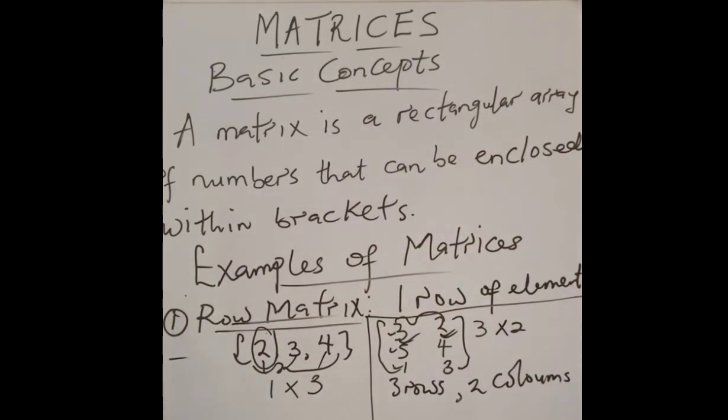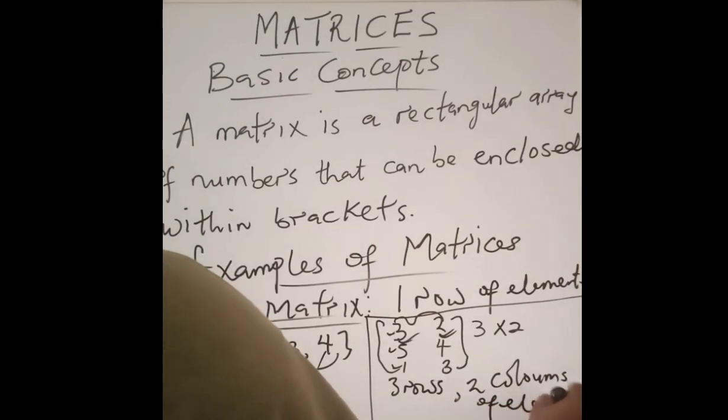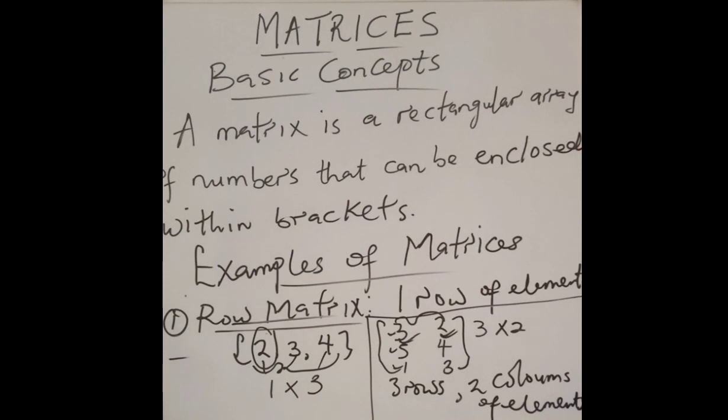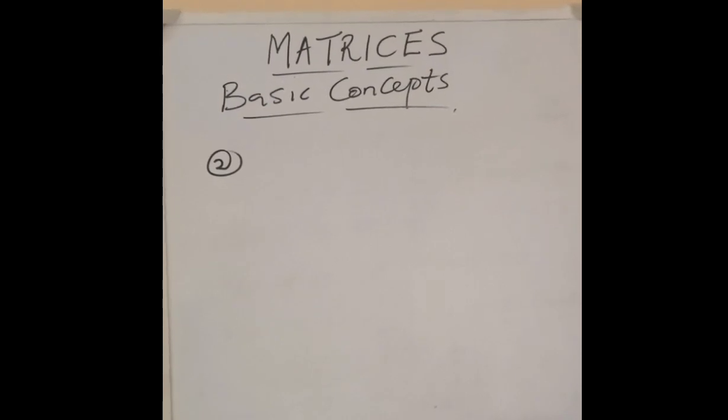So now we have two examples to understand what a row matrix is all about. First, we have 2, 3, 4, which is 1 by 3. Then here we have 3, 5, 1, 2, 4, 3, with 3 rows and 2 columns.